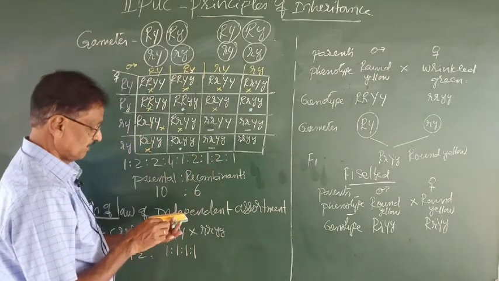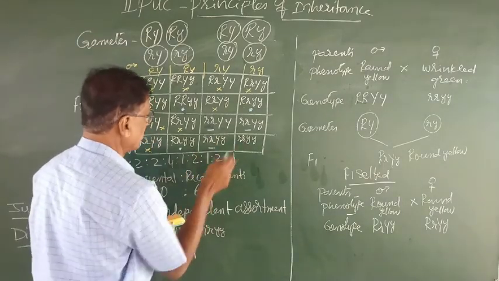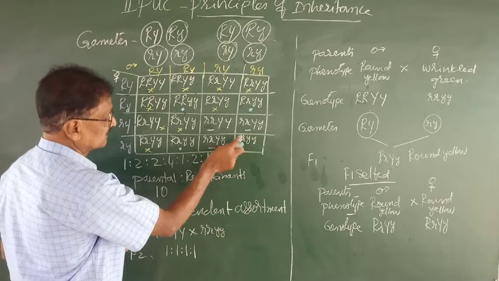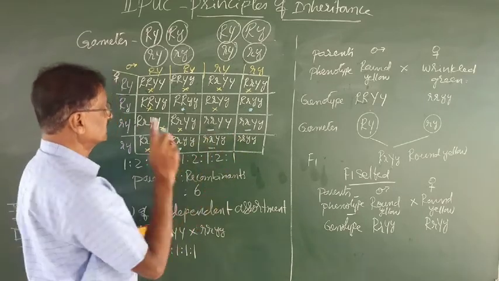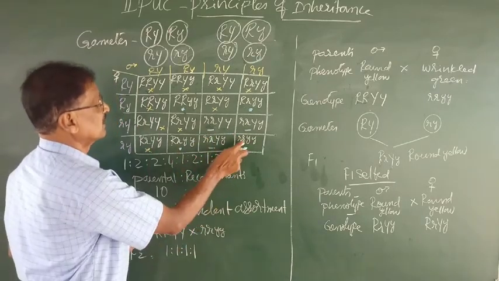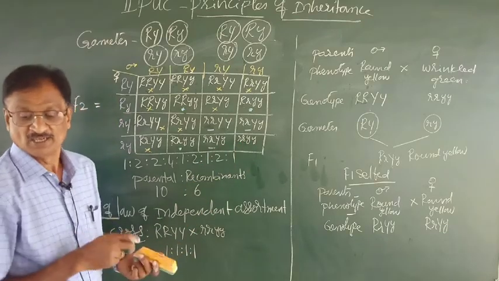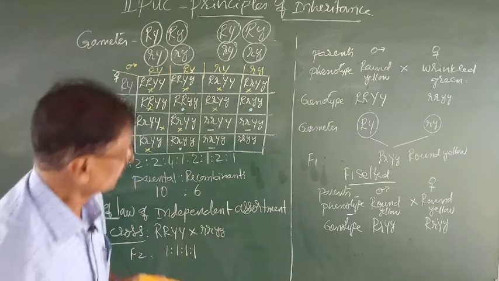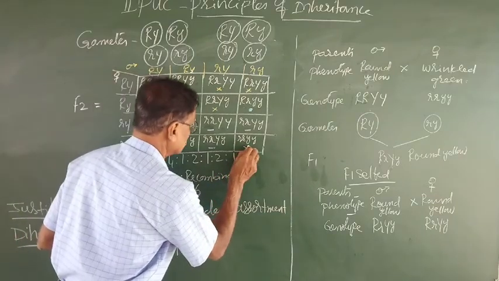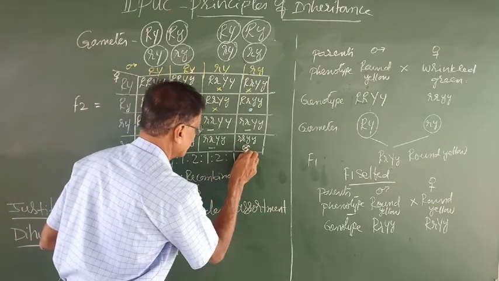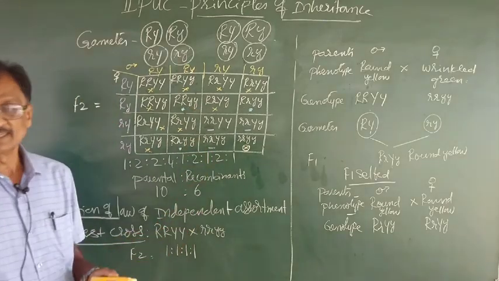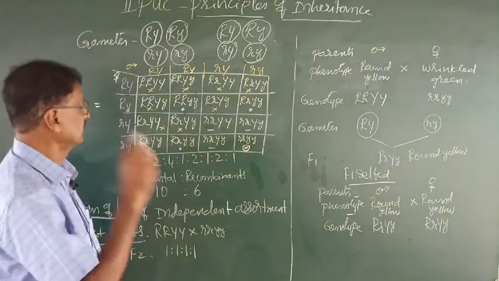And lastly, what may this plant be? This is purely a recessive plant. Observe, there are small rr and small y. Hence it is a recessive character, that is the wrinkled green.